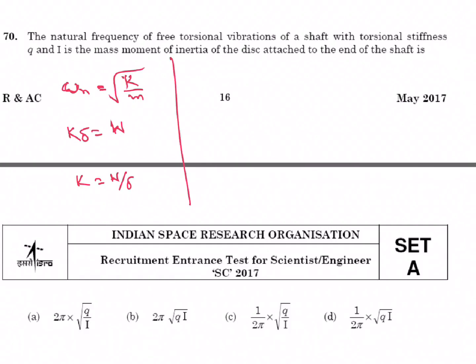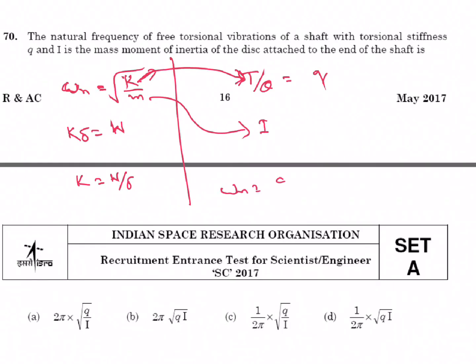But in case of torsion it's different. In case of torsional stiffness, T by theta, here they are writing this one as Q. In place of K we will replace with Q, and m will be replaced with moment of inertia.